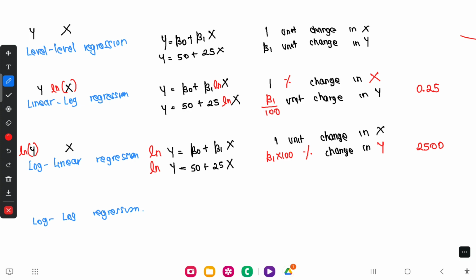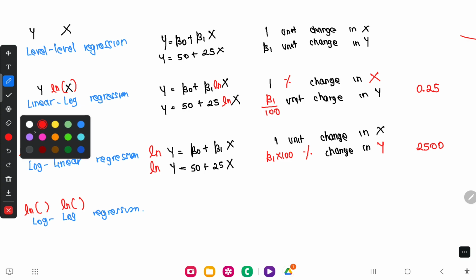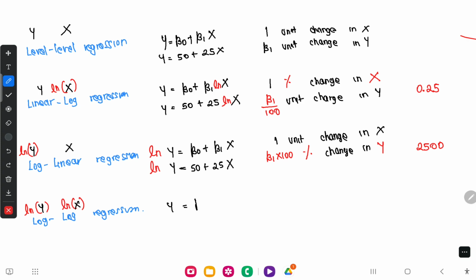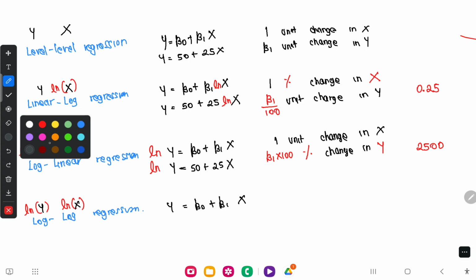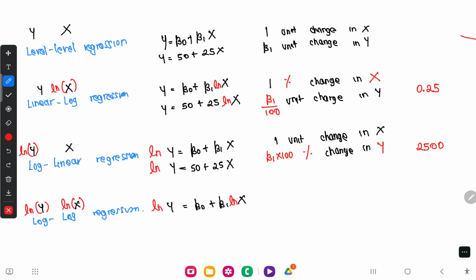Now the log-log regression. We are basically going to apply ln to both y and x variables. So we would write ln y equals beta naught plus beta 1 ln x. And how am I going to interpret this? You all say whether it's a percentage change or unit change.